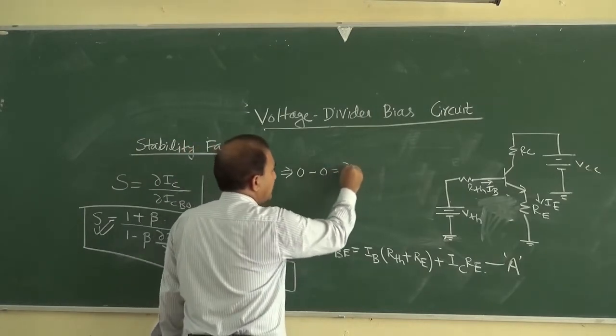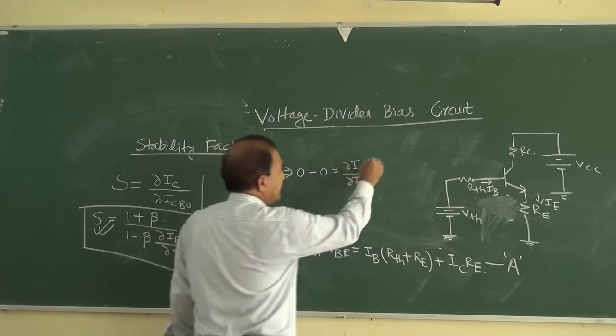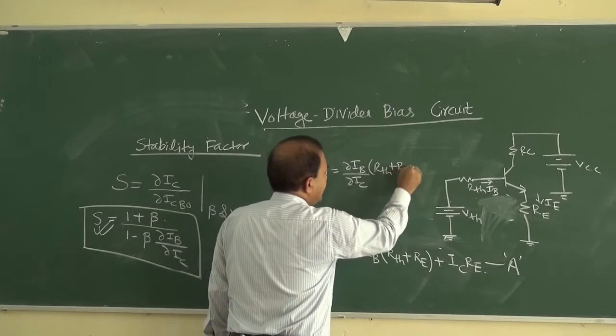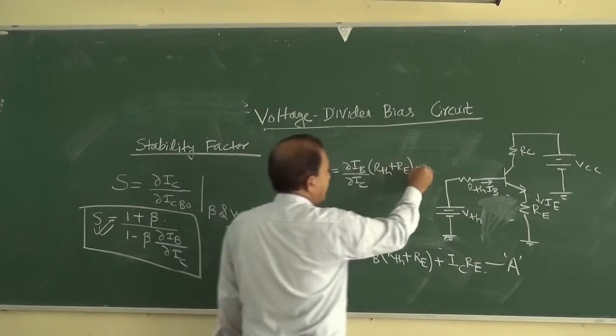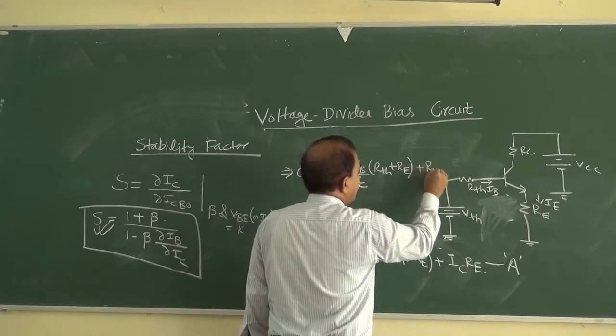It is equal to del IB by del IC into RTH plus RE, plus RE.